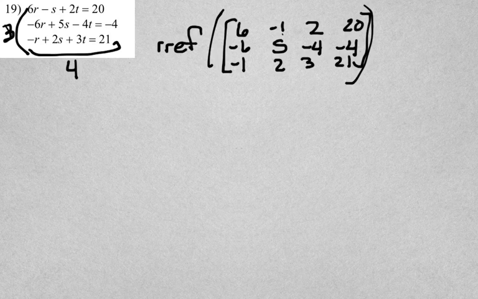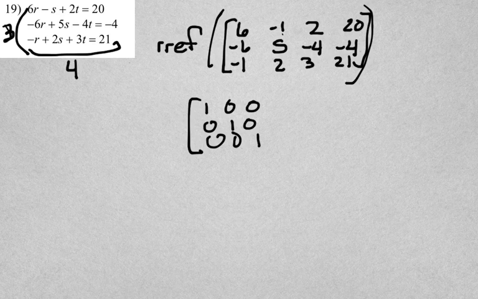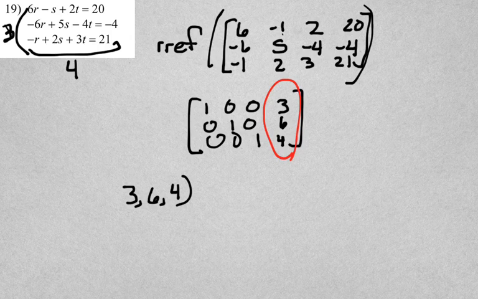And when I type that in the calculator, I come up with my matrices having the ones on the diagonal again. This time the rows and columns look more like this. And then we have our numbers: 3, 6, 4. So this last column is going to give me my ordered triplet because it's got 3 variables. So I need 3 numbers: 3, 6, 4. And that's your answer.